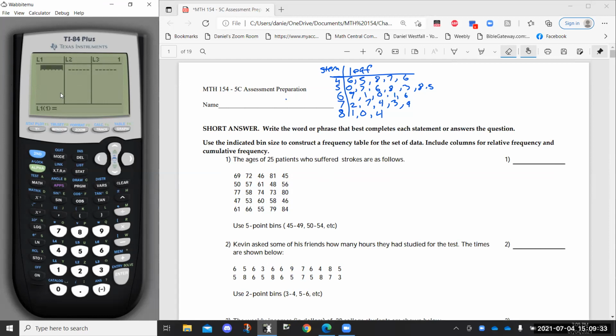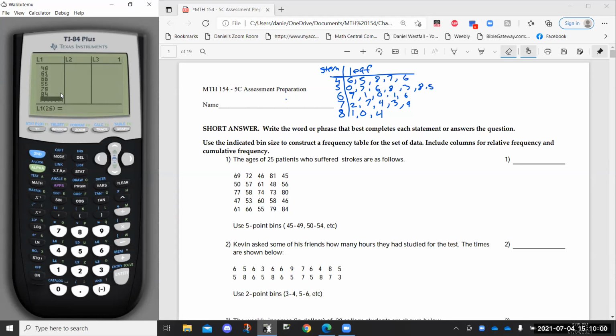I'm using my number pad here. 69, 72, 46, 81, 45, 50, 57, 61, 48, 56, 77, 58, 74, 73, that's an 80, 47, 53, 60, 58, 46, 61, 66, 55, 79, 84.